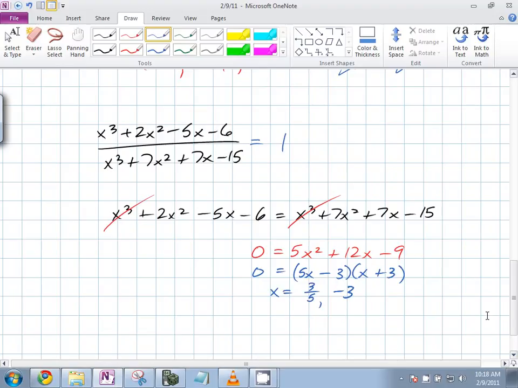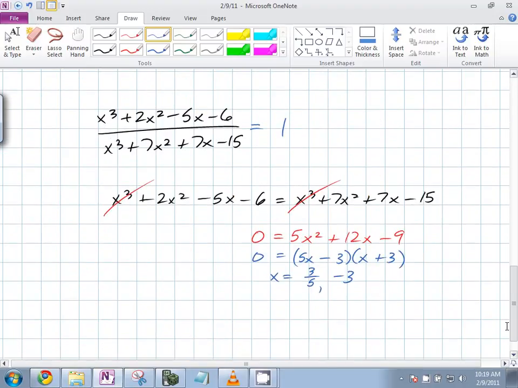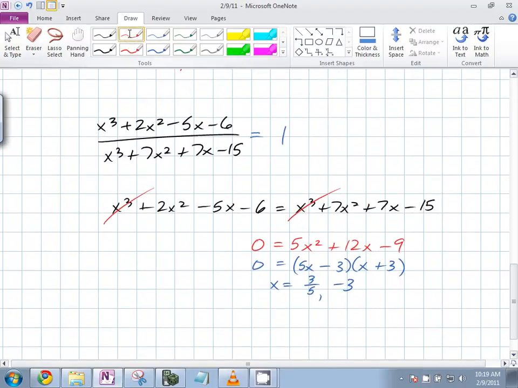Now here's the thing. Is -3 in our domain? No. -3 is not in our domain. -3 is a removable discontinuity, so there's a removable discontinuity where this thing crosses. We'll see what this looks like in a second. But we need to be careful, because is -3 part of the domain?